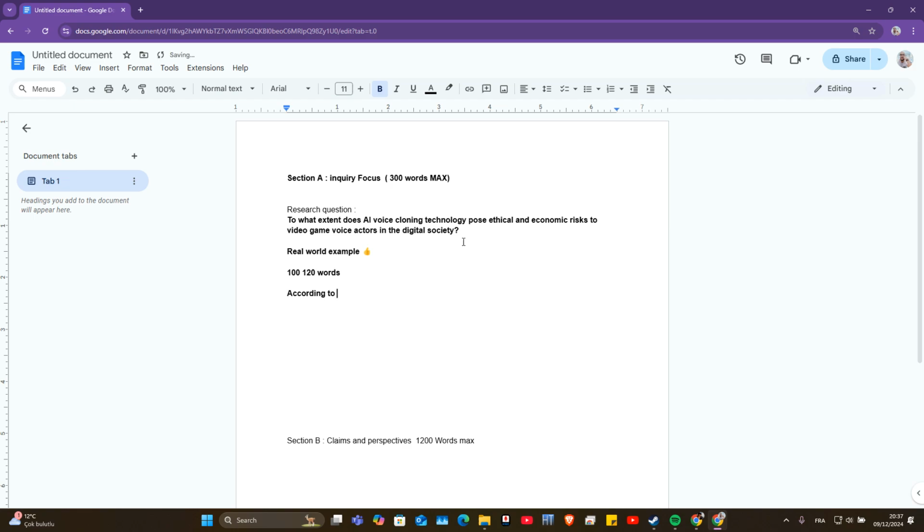According to Kotaku, which is a famous video game news media, by the way, newspaper or magazine, you can say video game companies are beginning to use AI cloning technologies to replace some of their minor role characters in order to save money, blah blah blah.